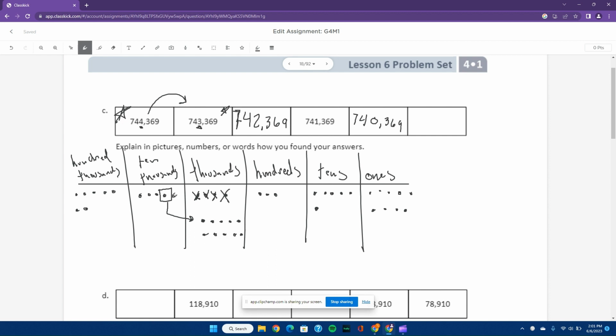Okay, so now I have 10 in my thousands place, but I only got 10 because I regrouped one 10,000. So now our number is going to look a little bit different because I don't have 4 in the 10,000s anymore. I only have 3, and I still need to remove one to make 9 now in my thousands place. So I still have 700,000s, but now I have 3 10,000s, 9,000s, 369.